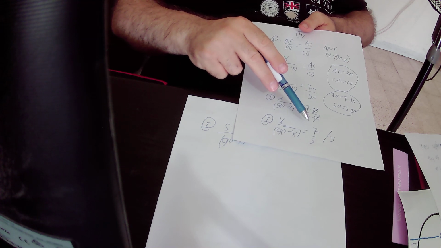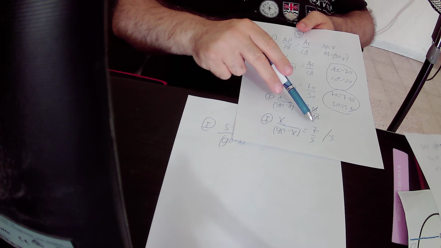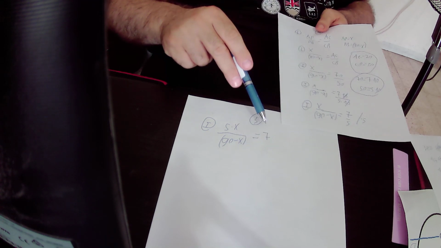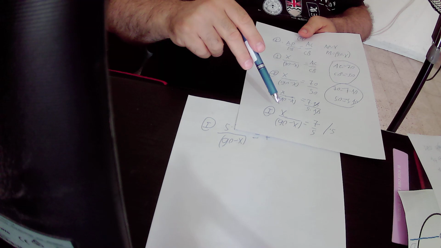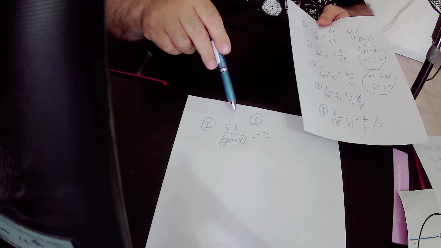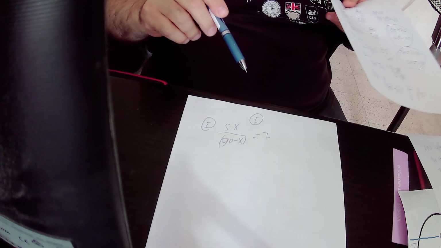We get 5 times x over 90 minus x equals 7. We multiplied both sides by 5, so 7 divided by 5 times 5 equals 7, and x over 90 minus x times 5 equals 5x over 90 minus x.